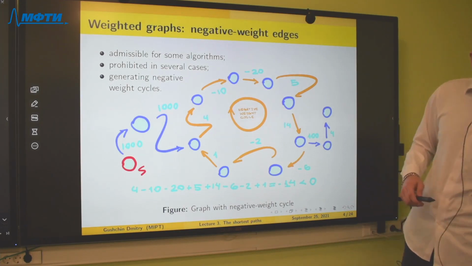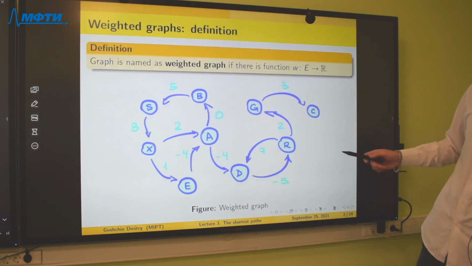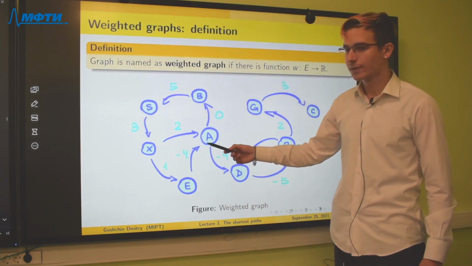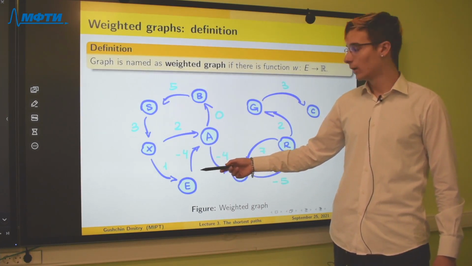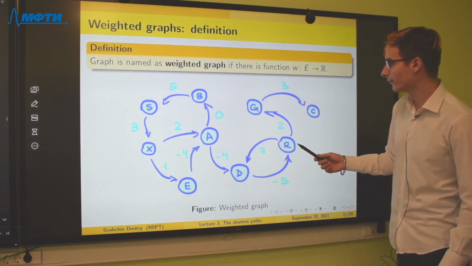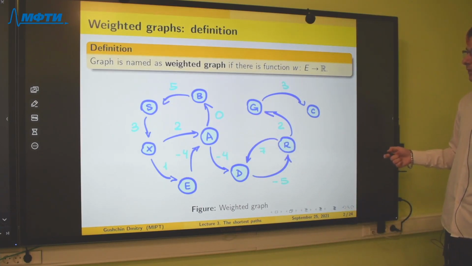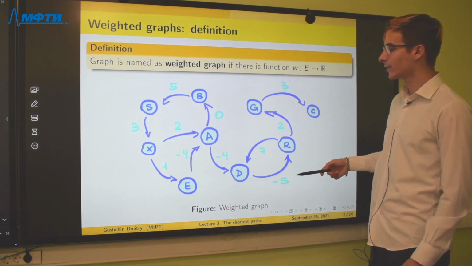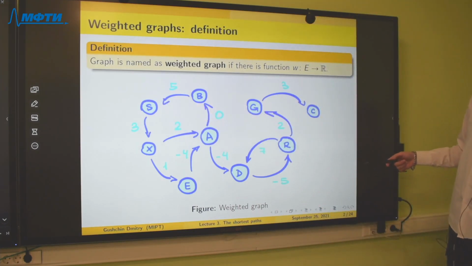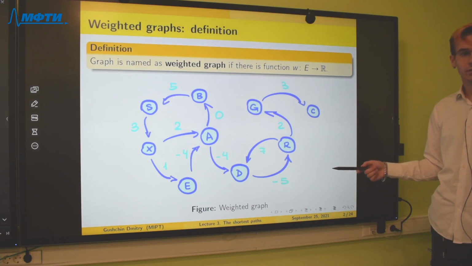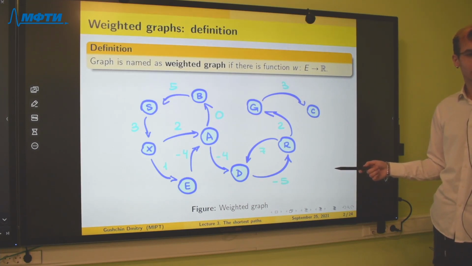In this graph we have negative edges, but we can solve the problem of finding paths between S and other vertices because we have no negative weight cycles in this graph. So in this one we can use Bellman-Ford and BFS.